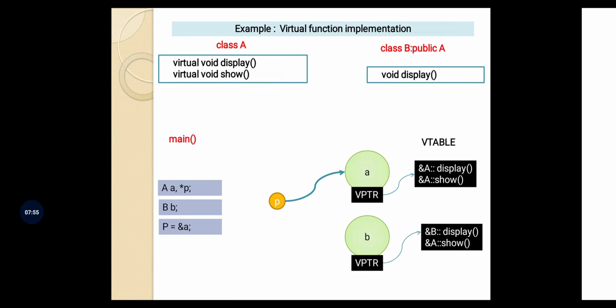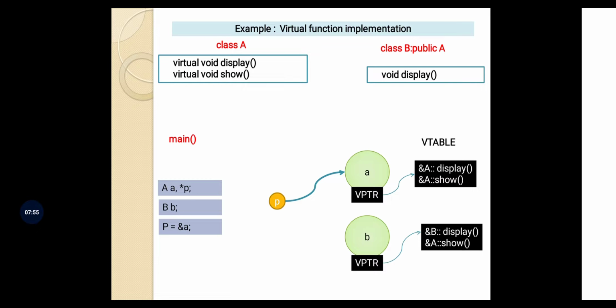So whenever we invoke P display, it is going to invoke the display from the base class because the address of the display of the base class is mentioned in the virtual table. So basically the pointer P invokes an object A which knows the address of the display of A, and that's how the display of the base class is invoked.